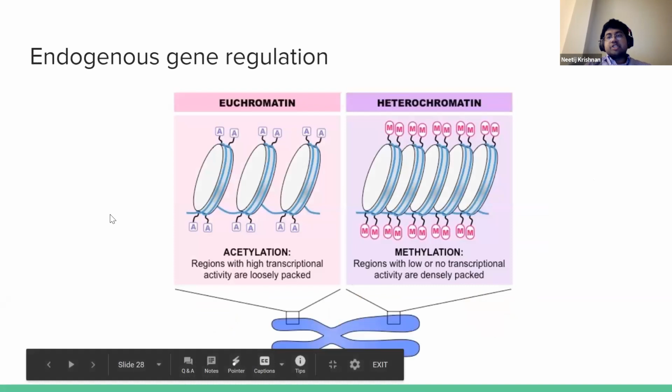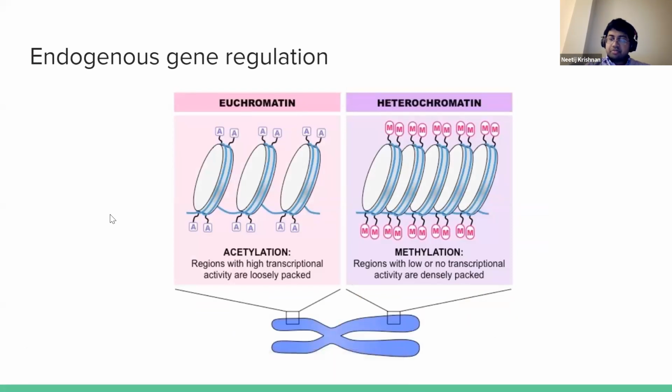Okay, let's talk about gene regulation. There are two types of chromatin found in the nucleus of the cell. You've got euchromatin, which is usually loosely bound. The DNA is loosely packed around histones, and it's easily transcribable.